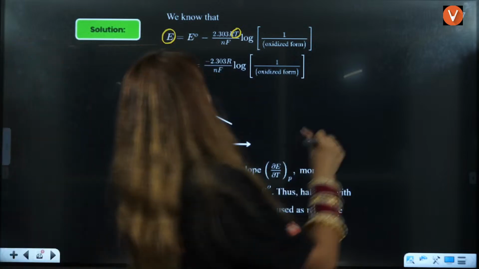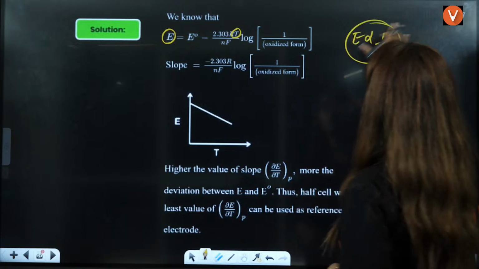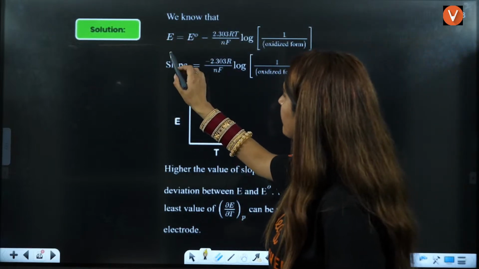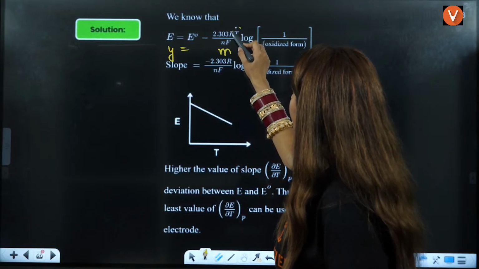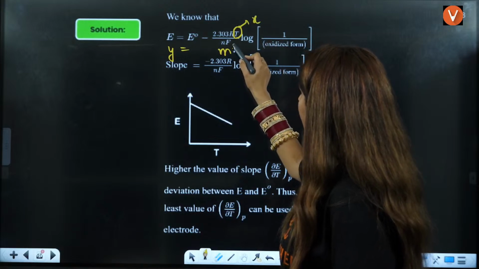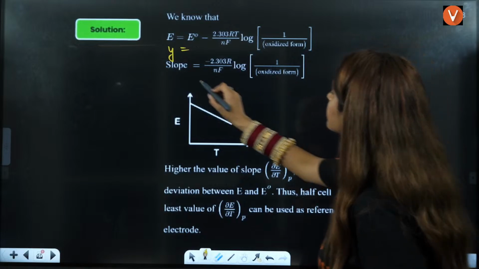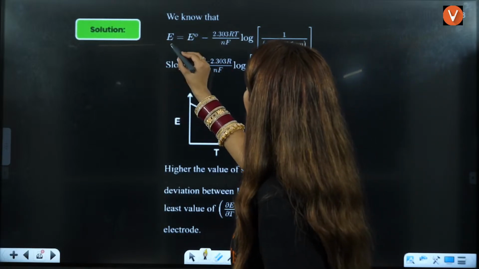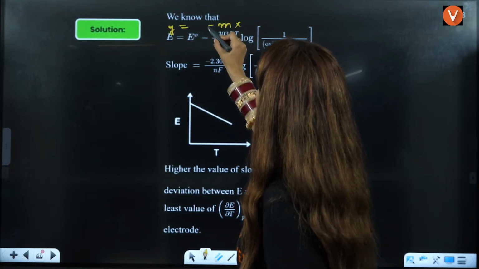So we can say that E and T are inversely proportional to each other, or you can directly make the straight line graph. Y equals to Mx plus C, where this whole term is M, this is X, and this is C. So you can see this is going to be the slope.